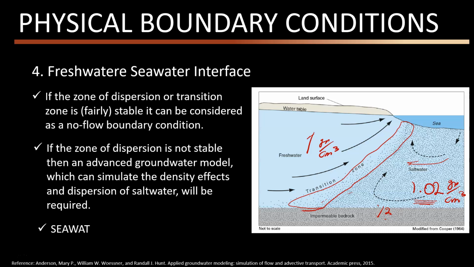In the transition zone, the water goes up and comes back during the night due to tidal effects, and also we have a pumping well here, so the groundwater head changes. So we always have an area where we have a mixture of salt water and fresh water. For example, the density here is 1.01.